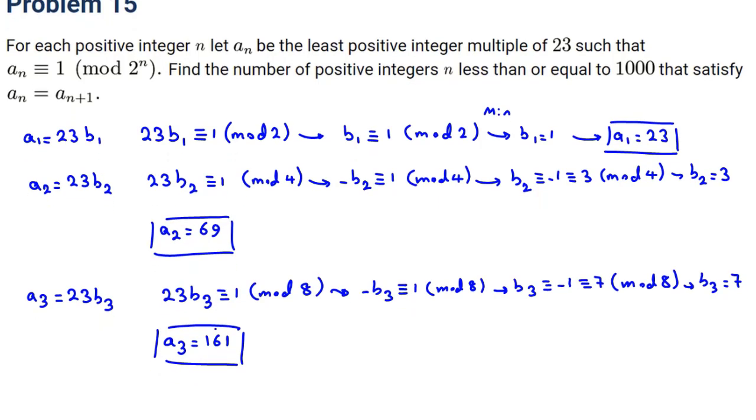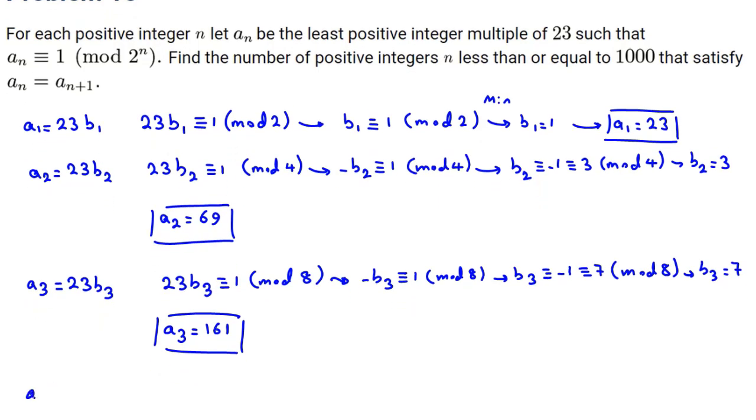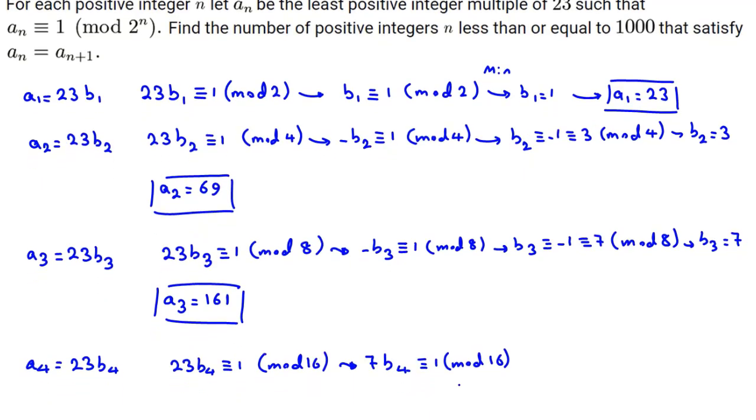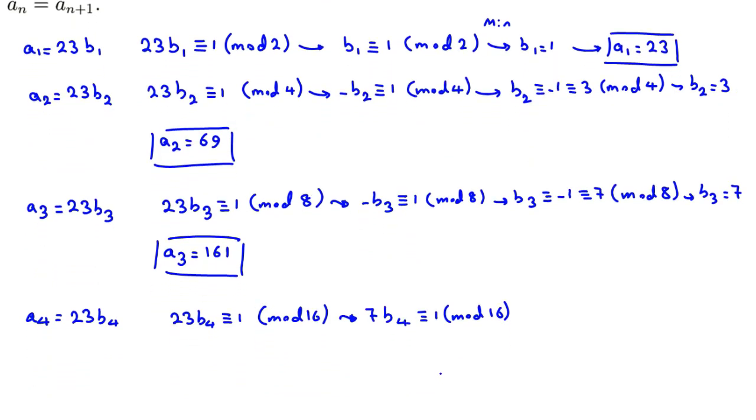Let's check A4, for example. It's 23B4. 23B4 is congruent to 1 mod 16. 23 mod 16 is 7. 7B4 is 1 mod 16. And we can multiply it by 3, then 5.